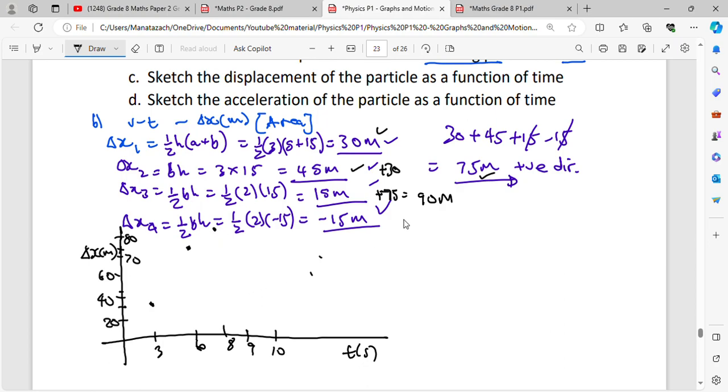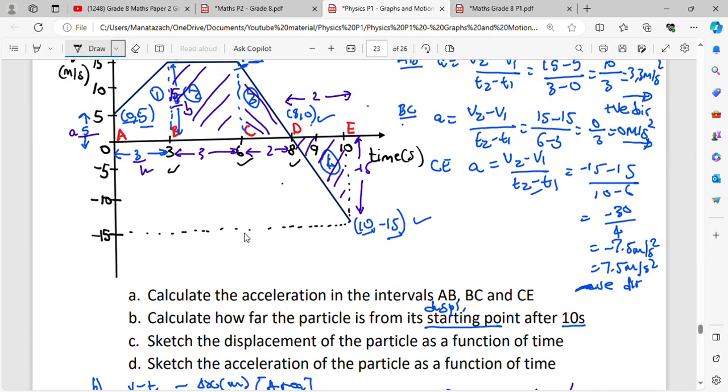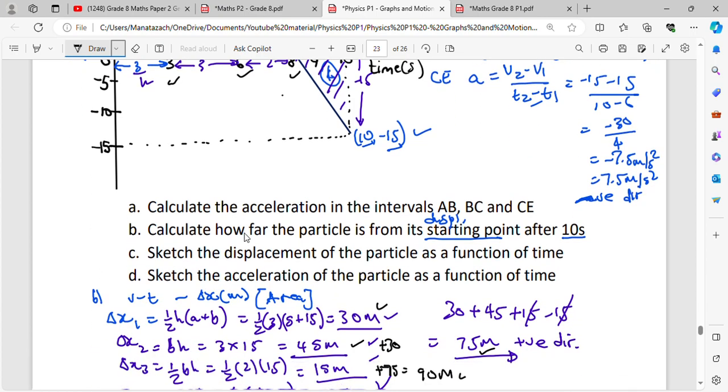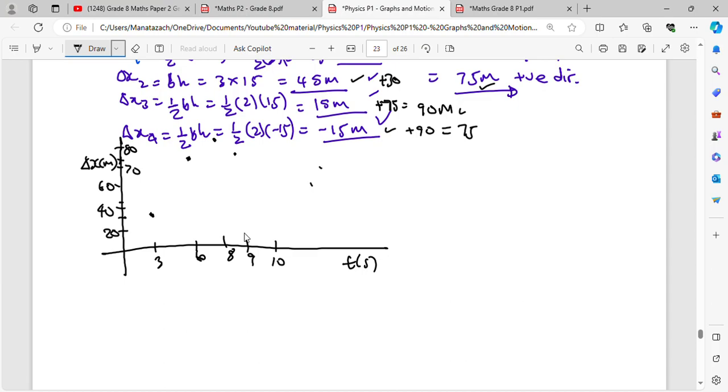And then 90, you're going to combine it with minus 15, which is going to give us 75 again. So here we have 75. So 1, 2, 3, yeah. I hope we didn't mix up the times here.